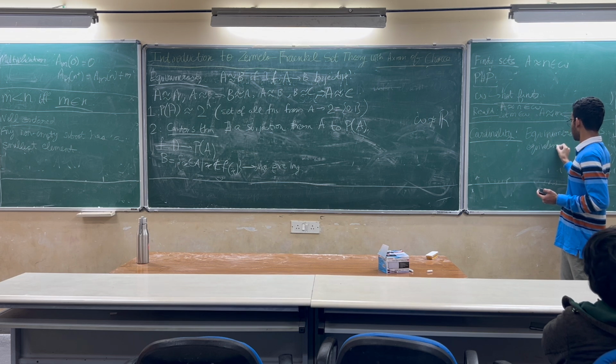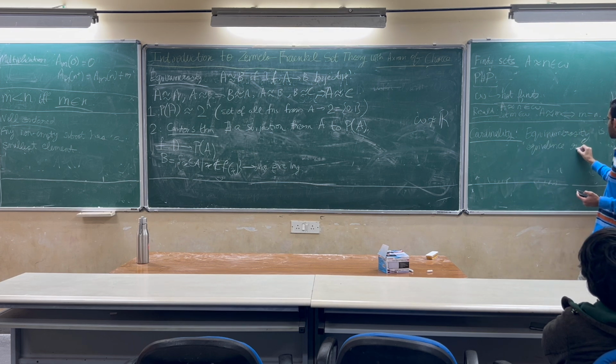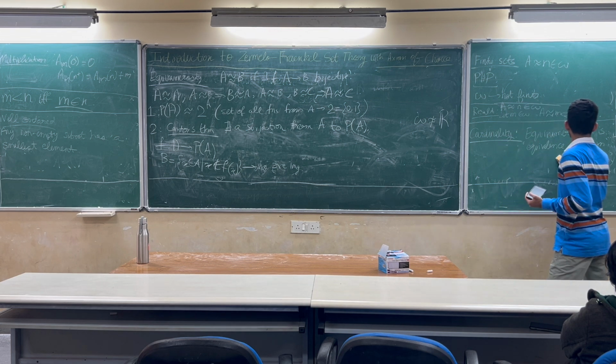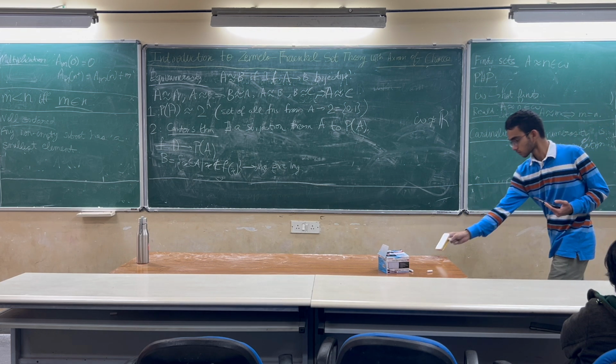It's not actually a relation, so I'm putting it within quotes, because equinumerosity concerns all sets, and for something to be a relation, it must be a set of ordered pairs. If you look at the set of all ordered pairs A comma B such that A is equinumerous to B, we can show that this is not actually a set, because it would end up containing every set.